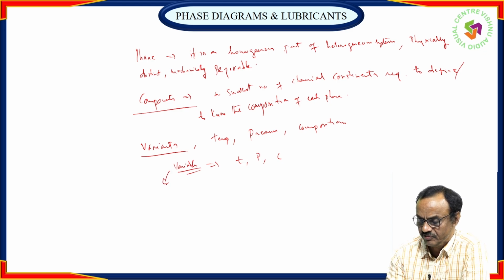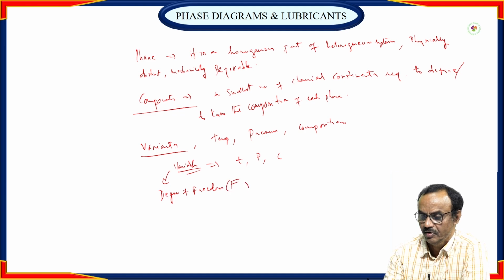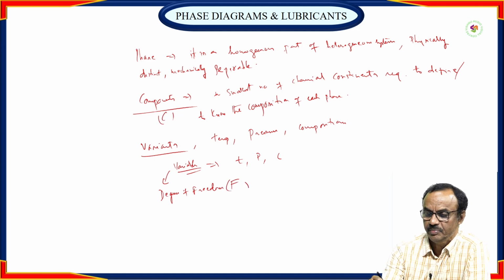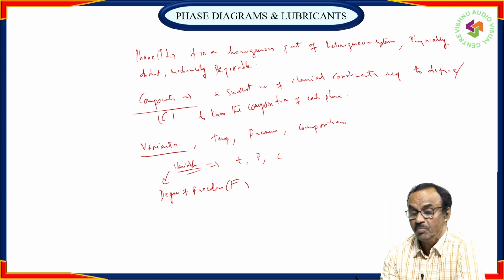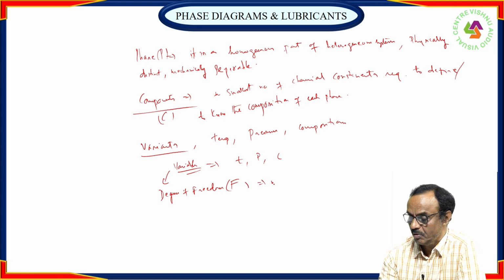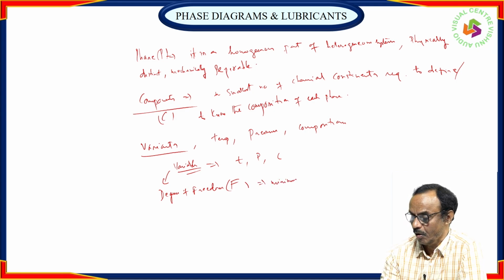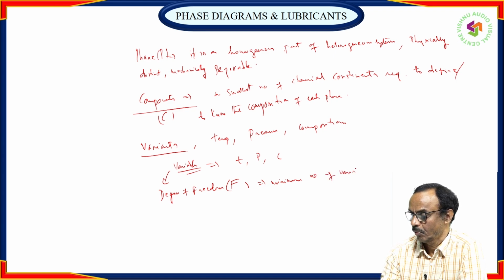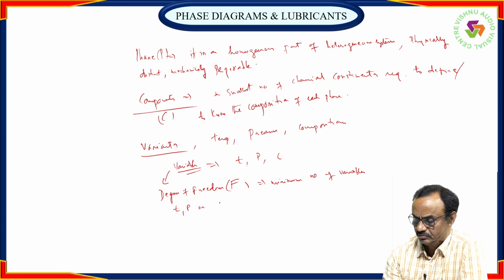Degrees of freedom is represented by F, component by C, and phase by P. The minimum number of variables: temperature, pressure, or temperature, composition.